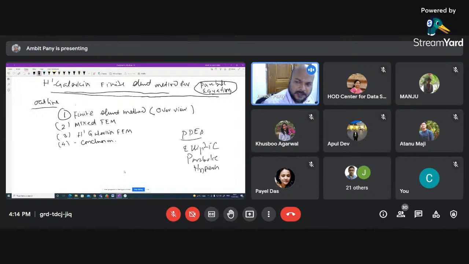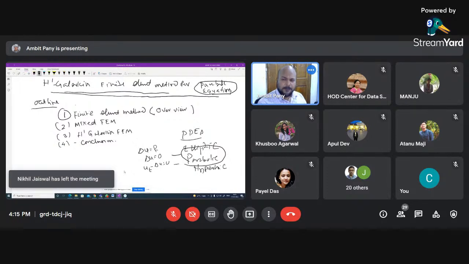But if you think about parabolic and elliptic, they belong to one block, because if I take Laplacian u equal to f, which is Poisson's equation, or Laplacian u equal to 0, it is called an elliptic equation. And if you think about the parabolic part, you just think about u_t minus Laplacian u equal to 0. That is called a parabolic equation.